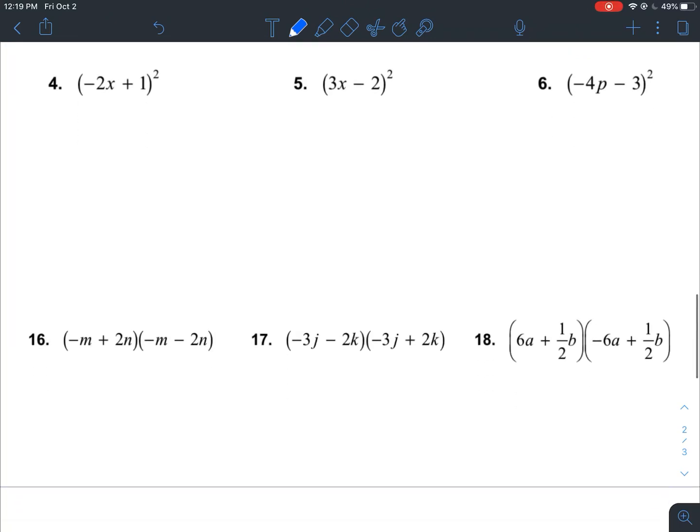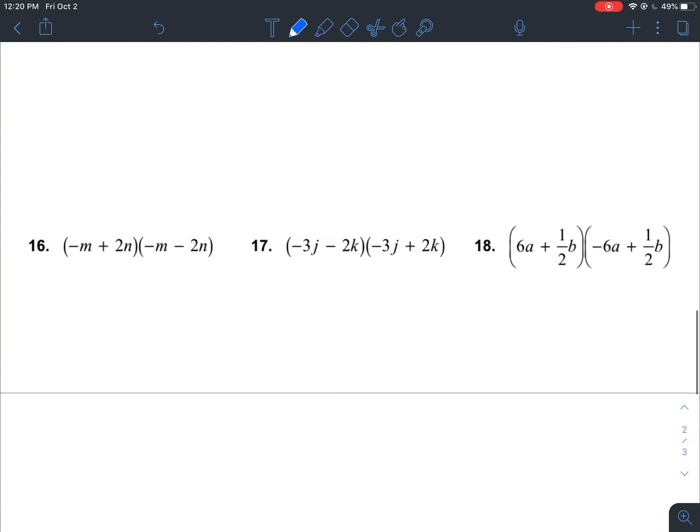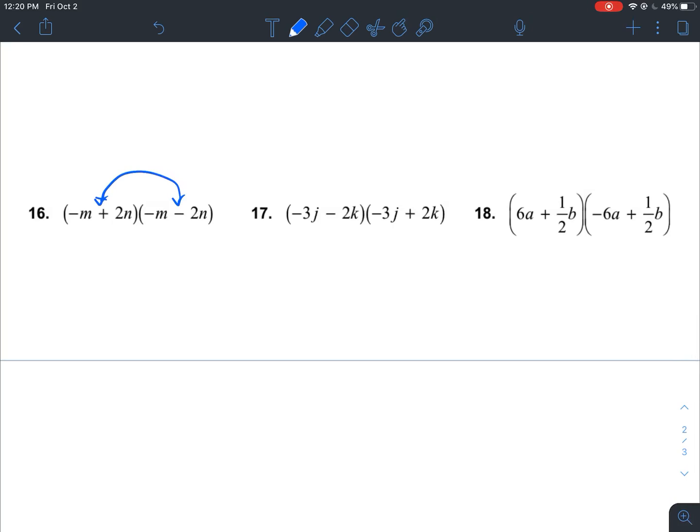I'll go ahead and do one of these ones down here. So maybe do 16. Okay, so let's do 16. So right here we have a plus and a minus, right? Plus and a minus with similar terms for a and b. So this should be a squared minus b squared. That's what it's going to look like.